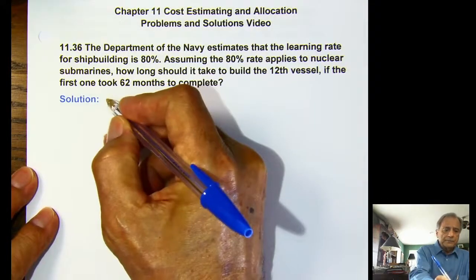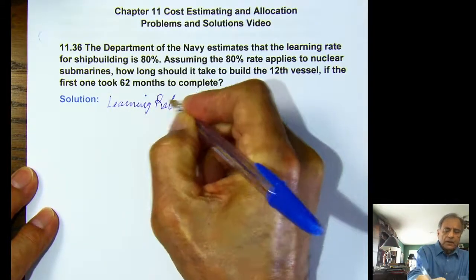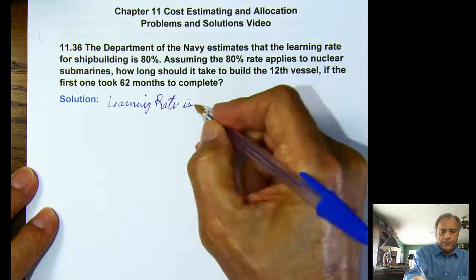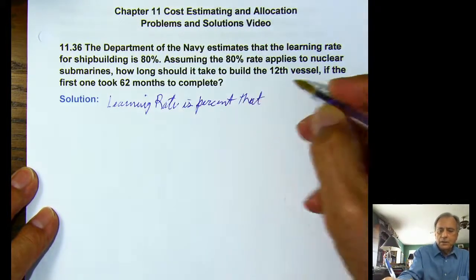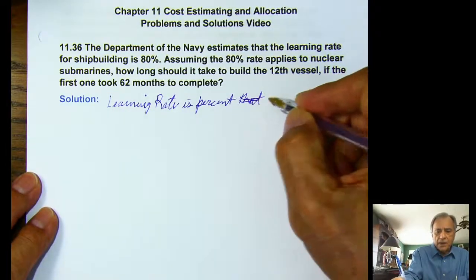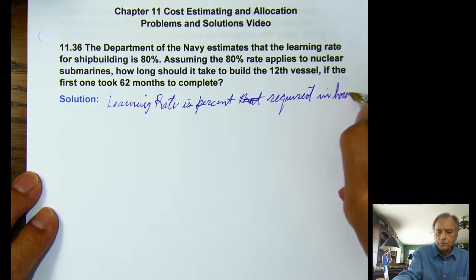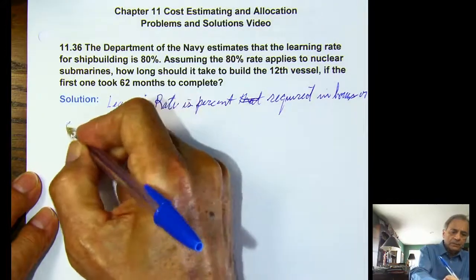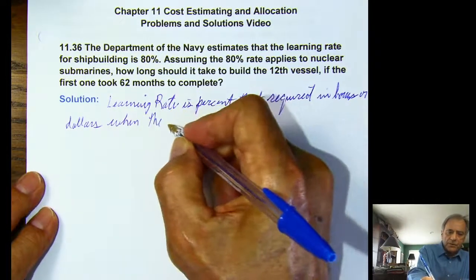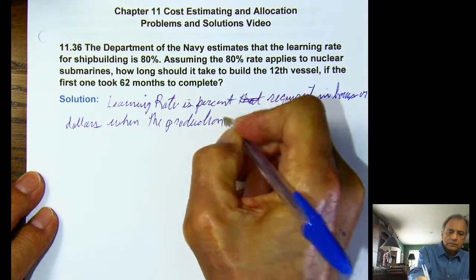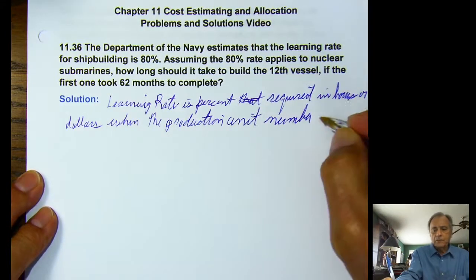So the learning rate is basically the percent required in hours or dollars when the production unit number, I'll call it, doubles.